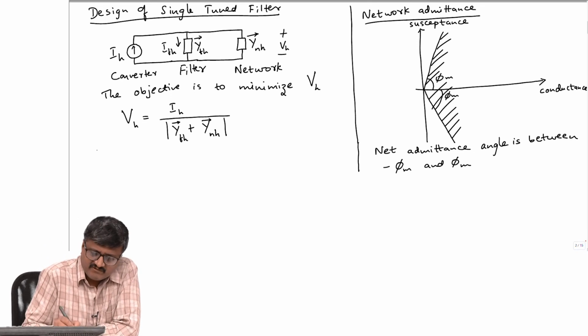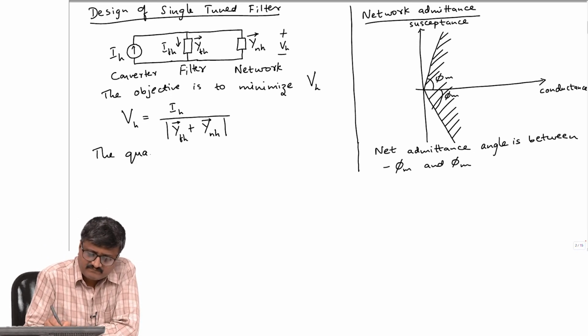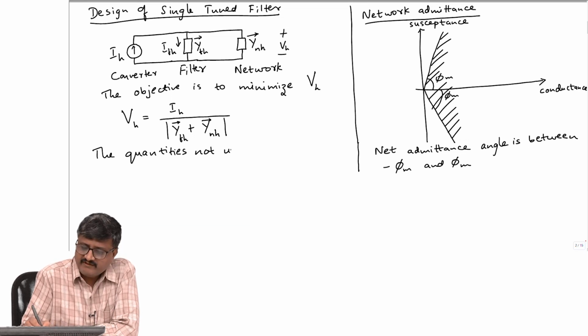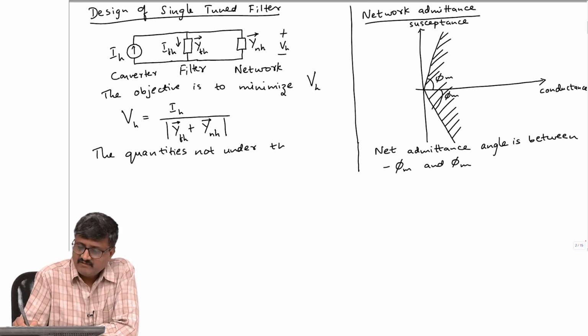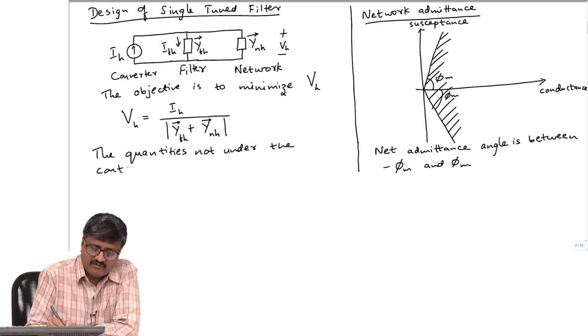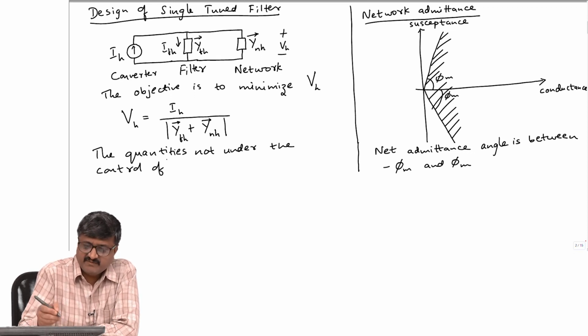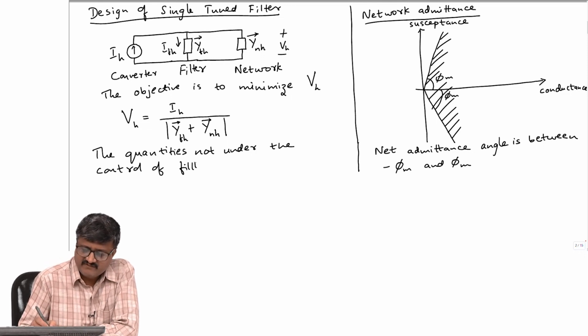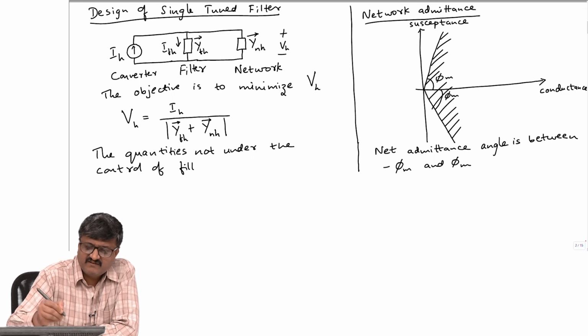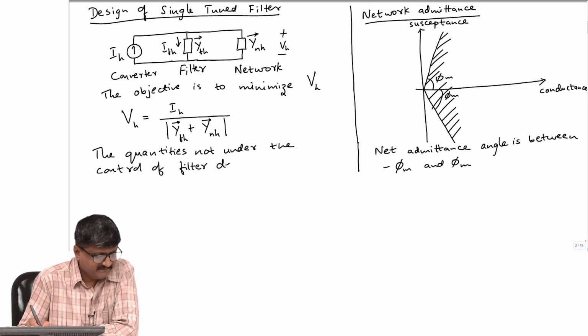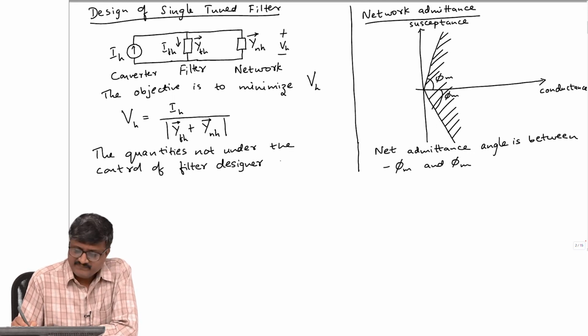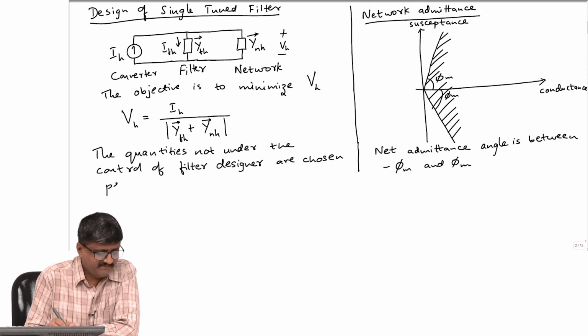Okay. So, the quantities not under the control of the designer. Designer means just filter designer. So, we are not doing any other design, only filter design. Filter designer quantities are chosen pessimistically.